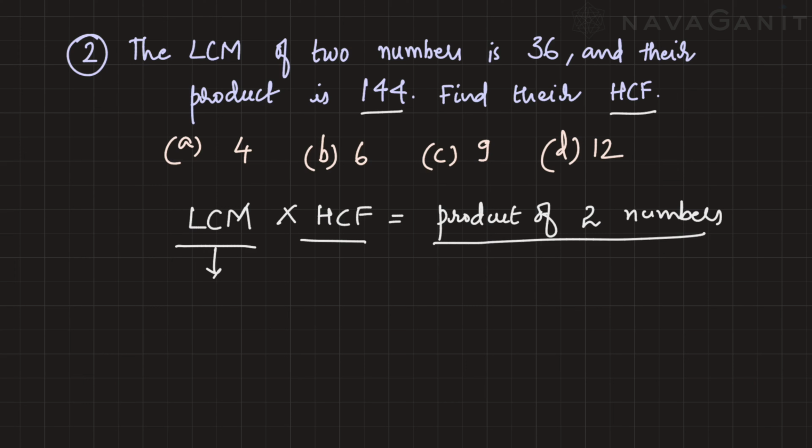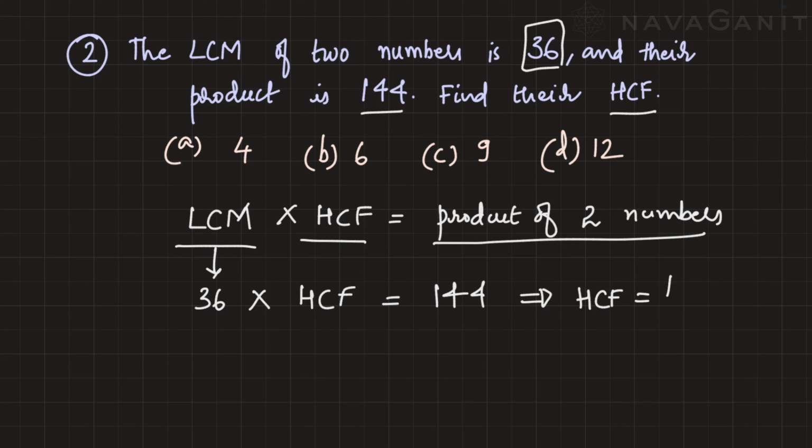So in our case, the LCM of those two numbers is 36, multiplied by HCF, which is what we need to find out, and the product of the two numbers is given as 144. So my HCF would be 144 upon 36, which is 4.